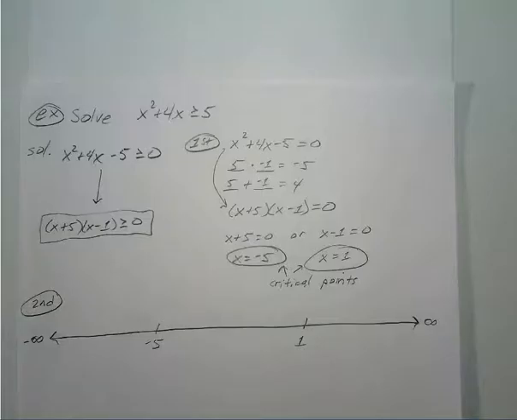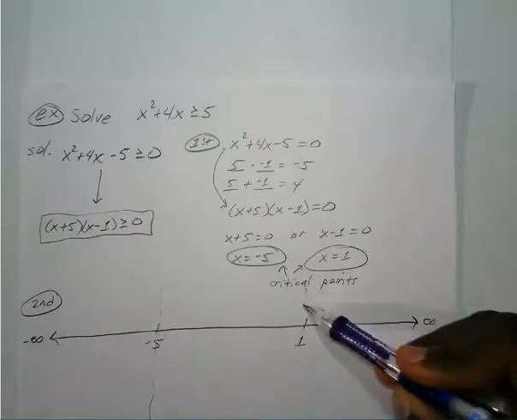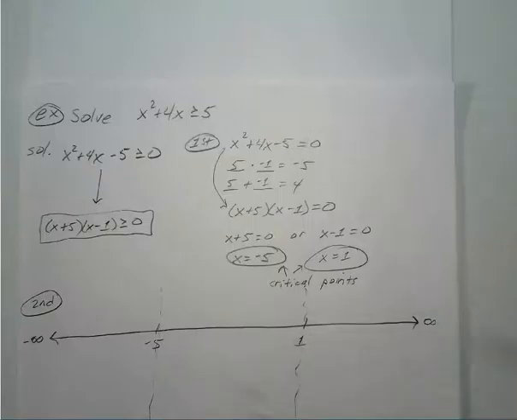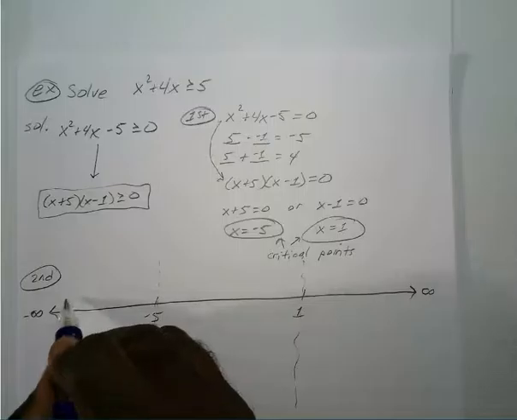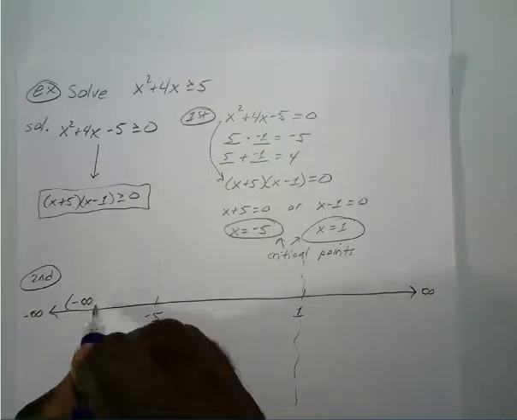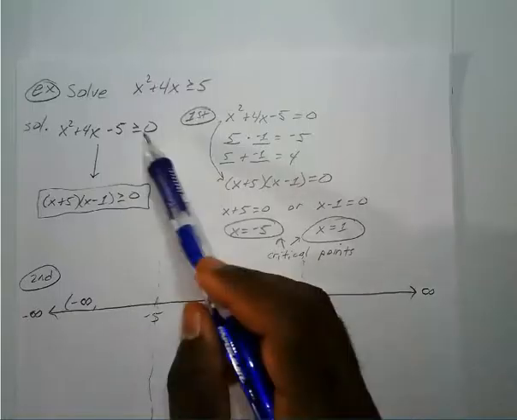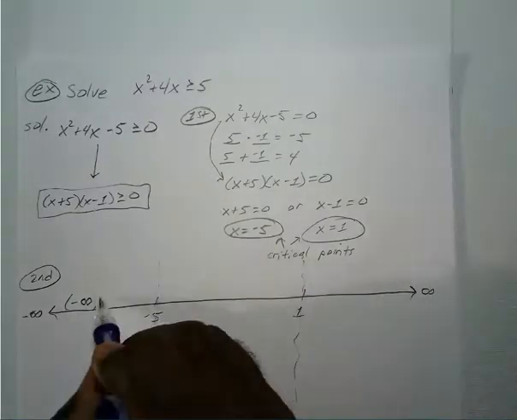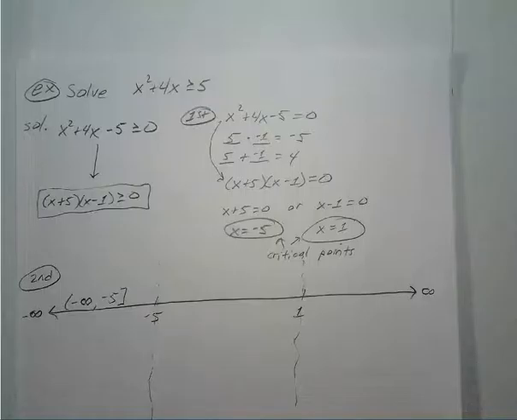inequality. Okay, so we have our number line drawn, and again, just put our little dotted lines there. And this interval here, remember, that's from -infinity and -5. Remember, it's greater than or equal to, so our -5 is going to have a bracket.